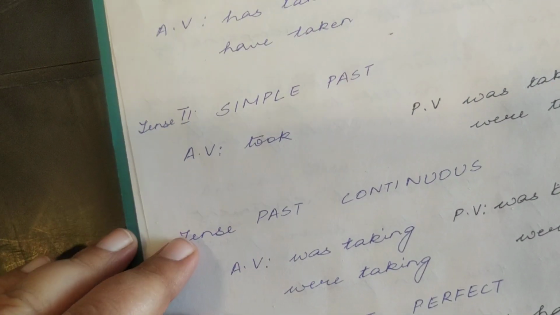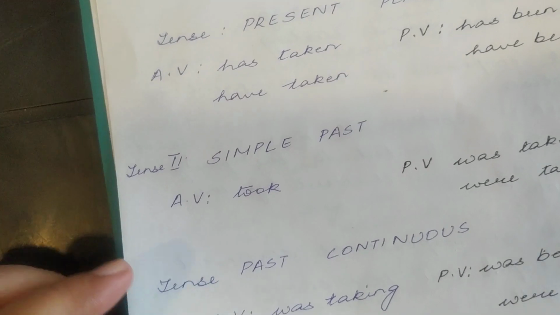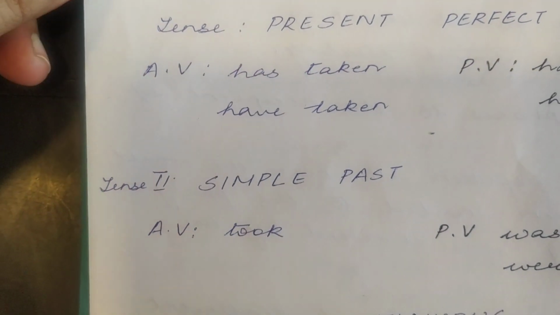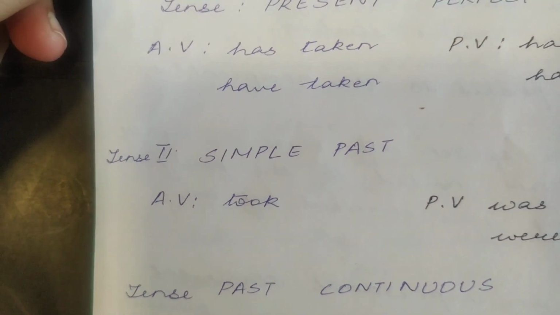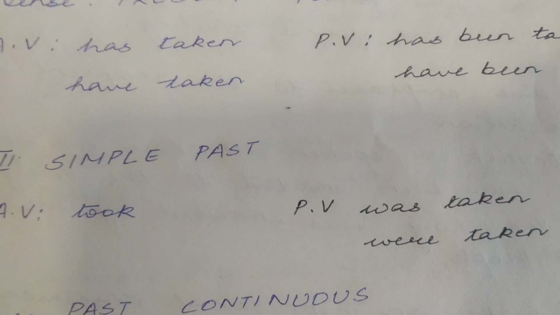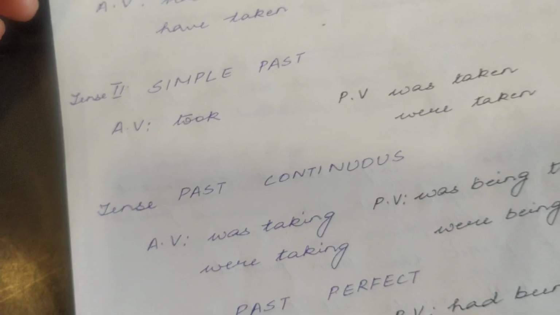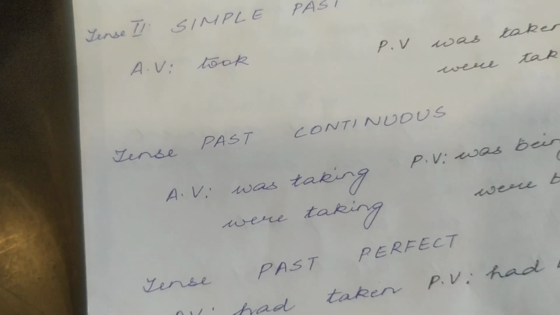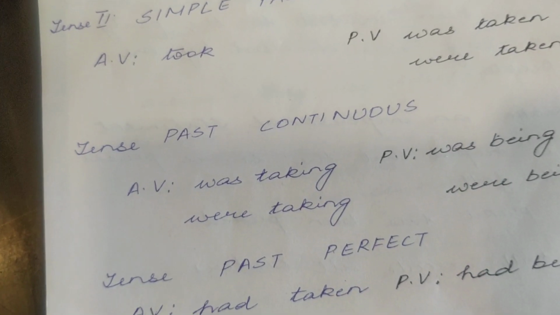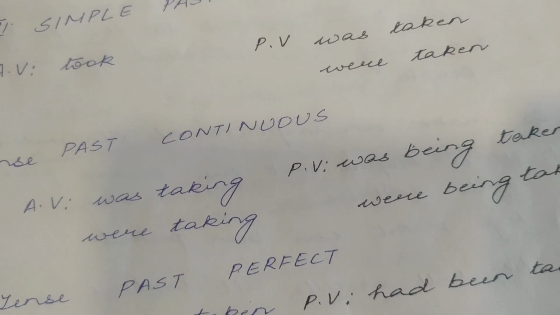We come to the next part, which is the simple past. In this part, the active voice took changes to was taken, or were taken. In past continuous tense, we have active voice was taking, which forms was being taken in passive voice.